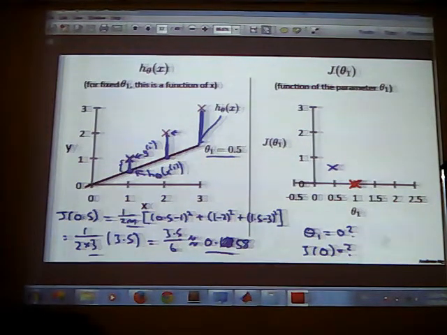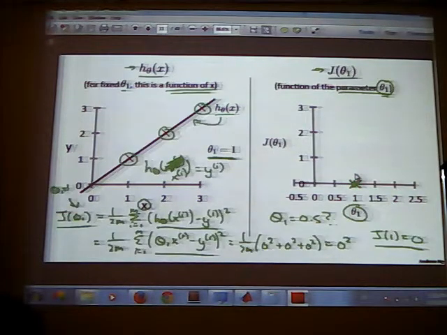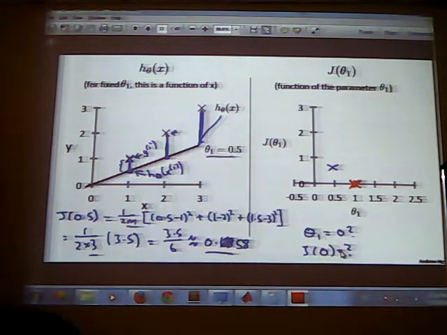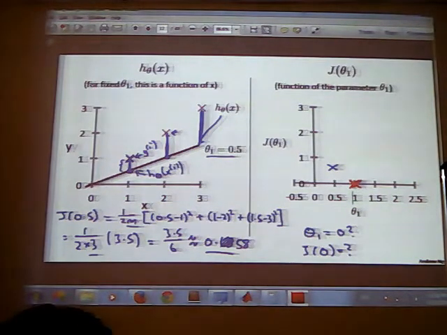Previously we calculated it in the above slides. It was 0. So we plot this: for theta 1 equals 1, j of theta is 0, so this is the point (1, 0). For the next value, theta 1 equals 0.5, we have j of theta 0.58, so it will be plotted somewhere here. Is this figure clear to you? We will see the use of this figure in the upcoming slides.